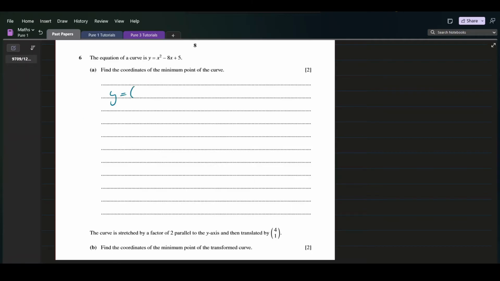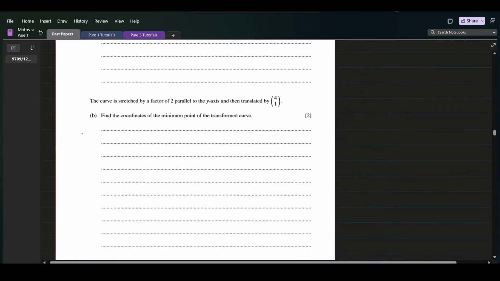So y is equal to x minus, divide b by 2, so that's minus 4 squared, minus 4 squared which is minus 16, plus the 5. So y is equal to x minus 4 squared minus 11, and therefore the coordinates of our minimum point would be 4, negative 11, and that's our final answer.